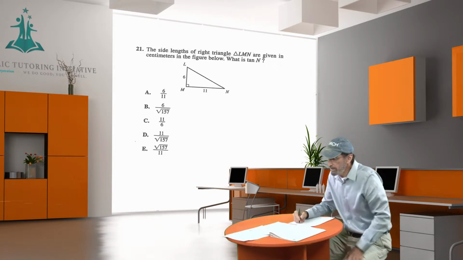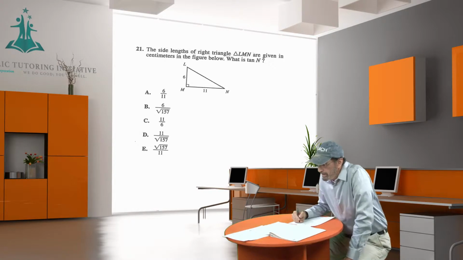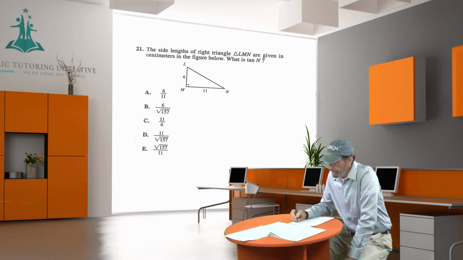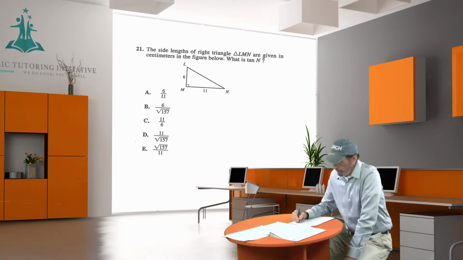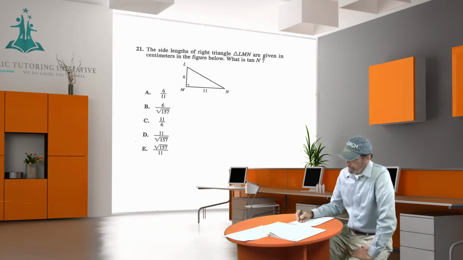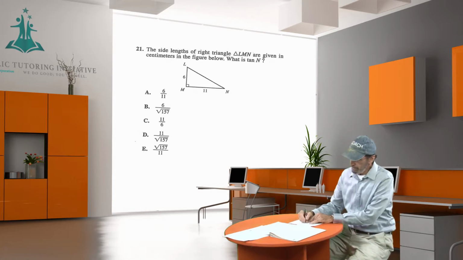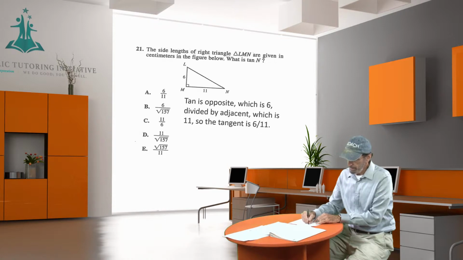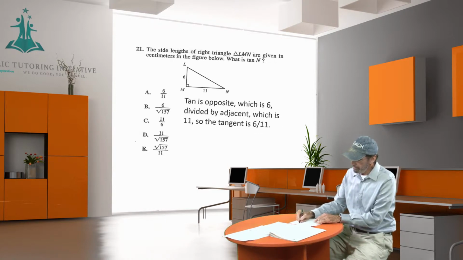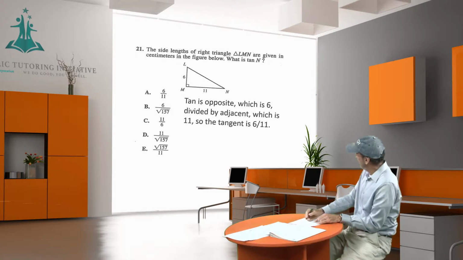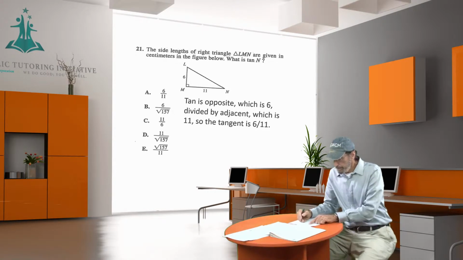And the question is just, what is the tangent of angle theta? Well, you can do this without even knowing what the choices are. You know the tangent is opposite, which is 6, divided by adjacent, which is 11. So the tangent is 6 over 11.